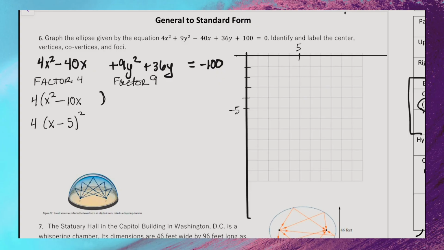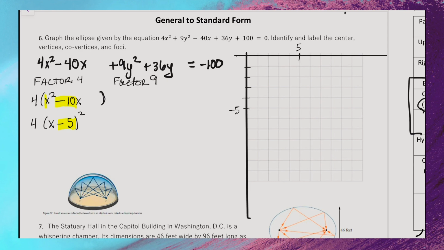And if you haven't done this before or it's been a while, as long as your leading coefficient is 1, if you take the coefficient of the b term and you cut it in half, and you put that here, we are completing the square.